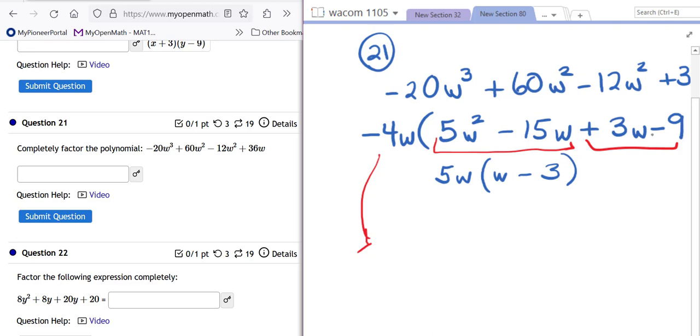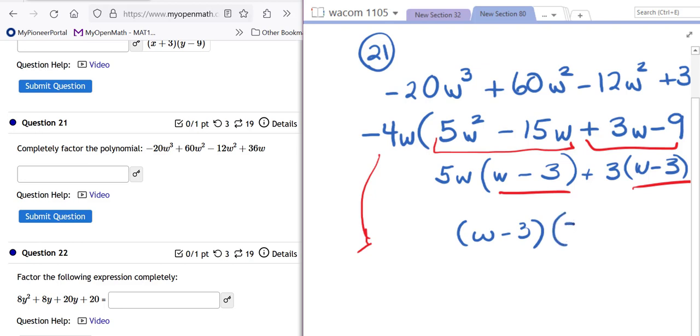And that's good. This one we can take a 3, and that leaves us W. 3 into 9 will go 3 times, minus 3. So this is going to work. We have a common binomial, W minus 3. Pick up these pieces outside.